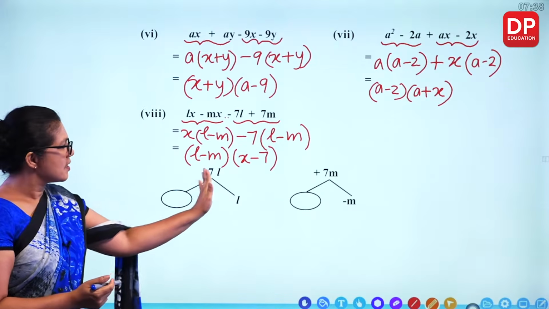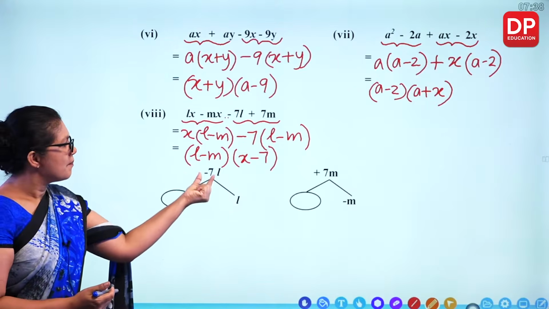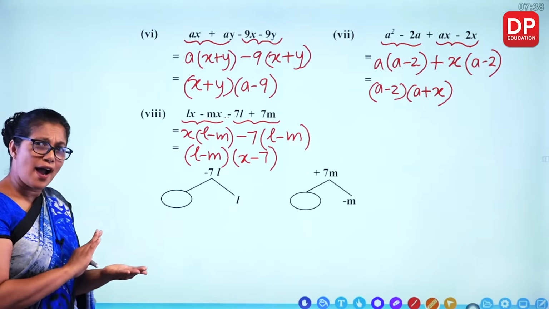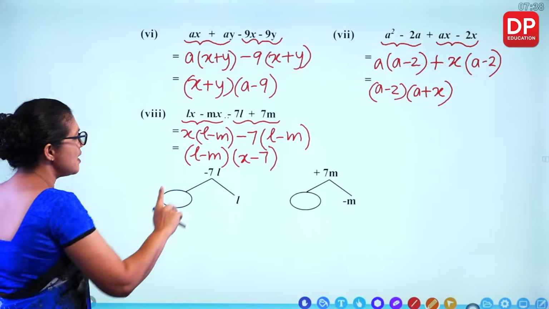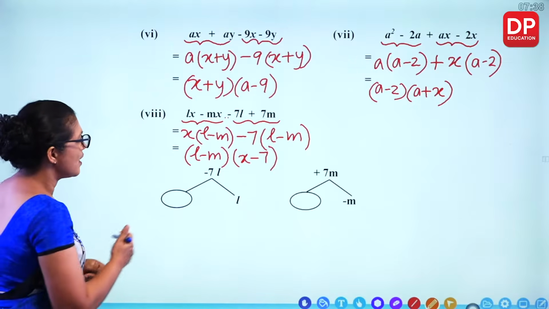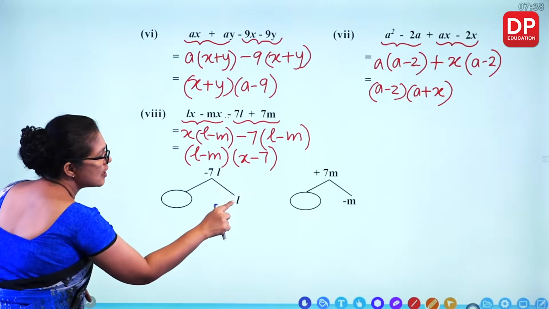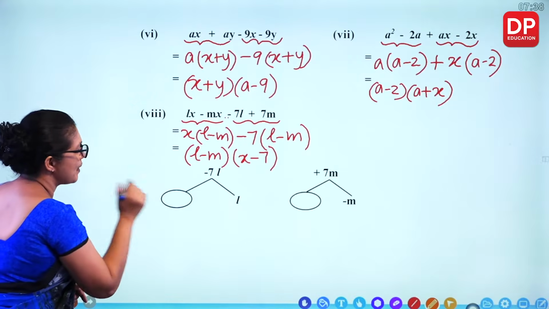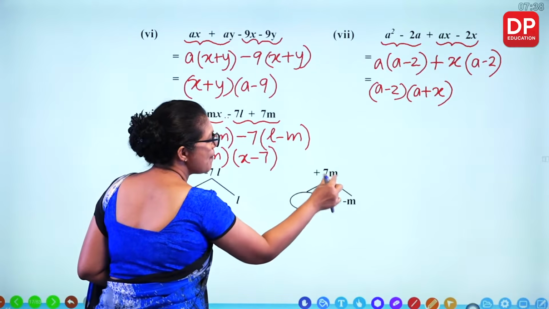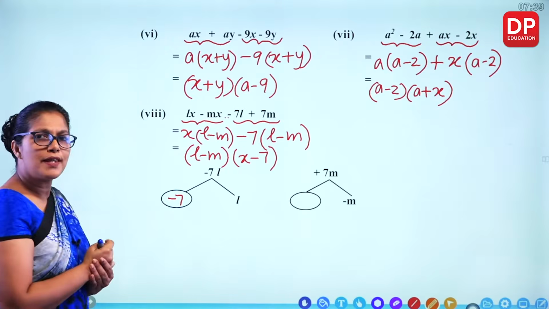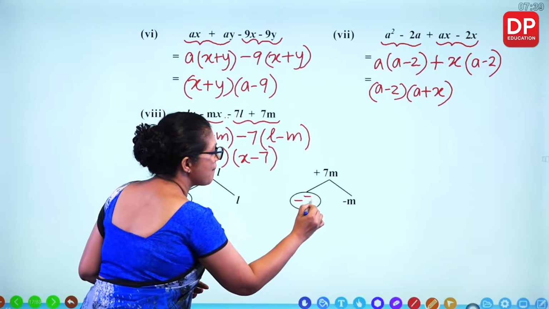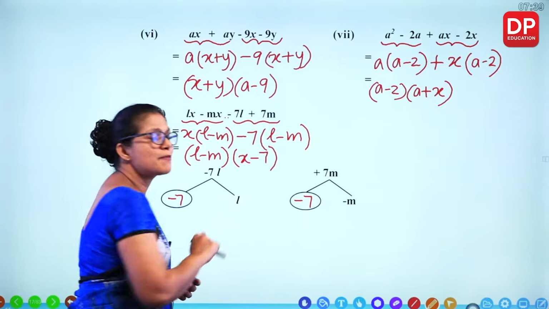In this one, I have given two expressions just to show you can take either plus or minus. Sometimes you can take the positive number, sometimes the negative one. So here if you take l out, what's remaining? Minus 7. In this one, if you take minus m out, what should be there? Minus 7. Why? Because minus into minus becomes plus 7.